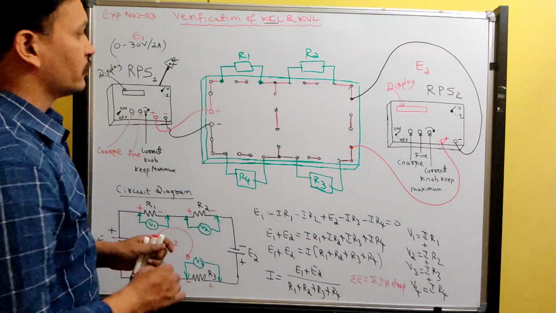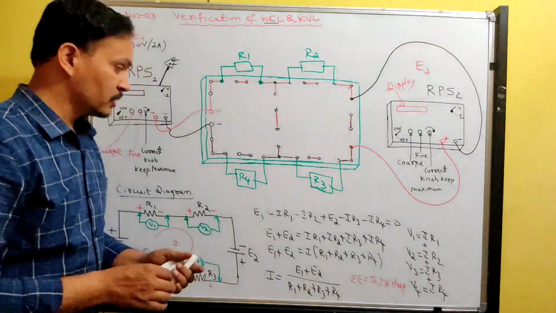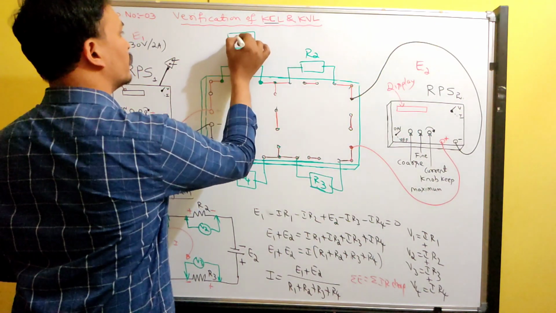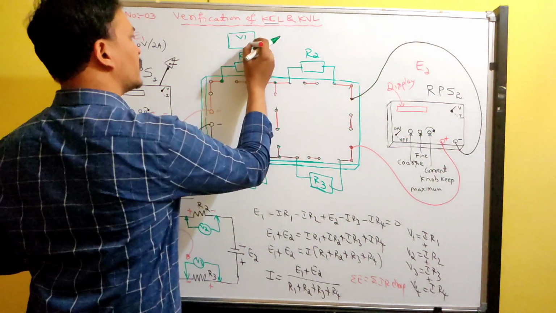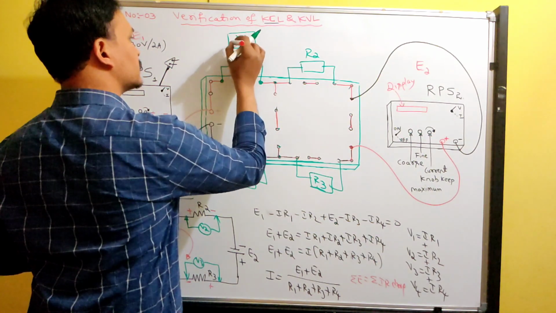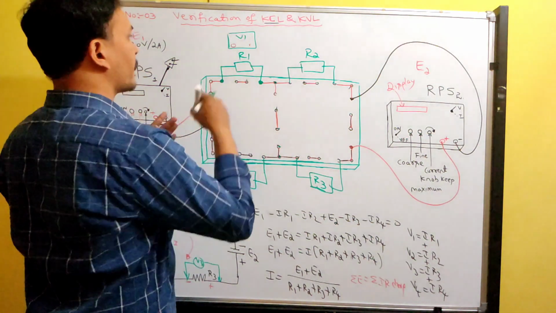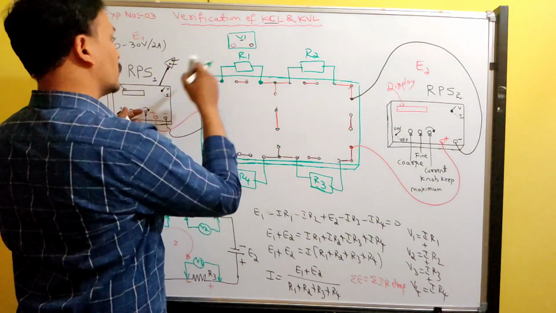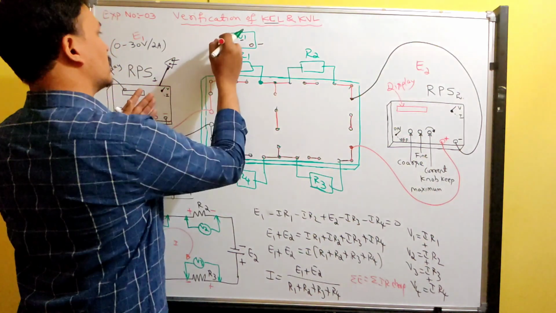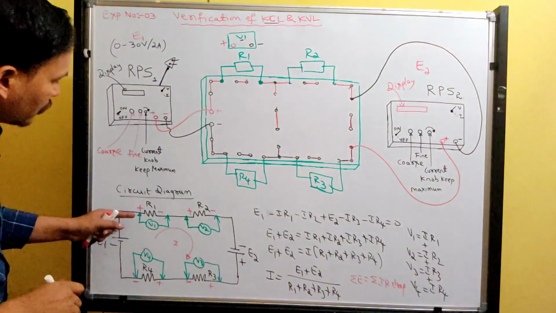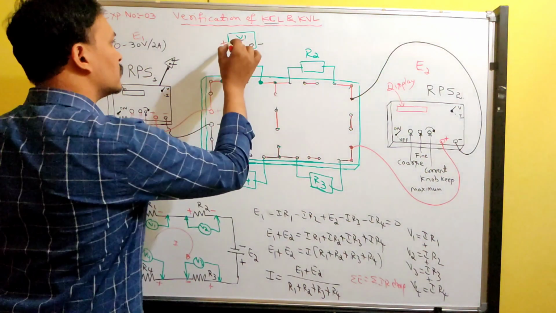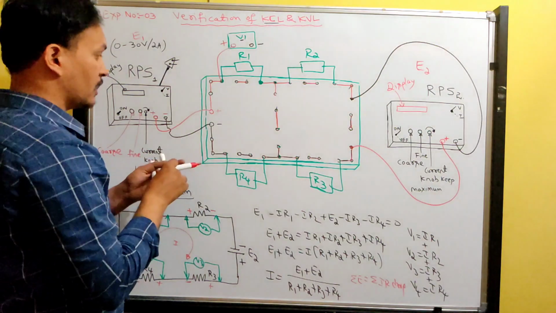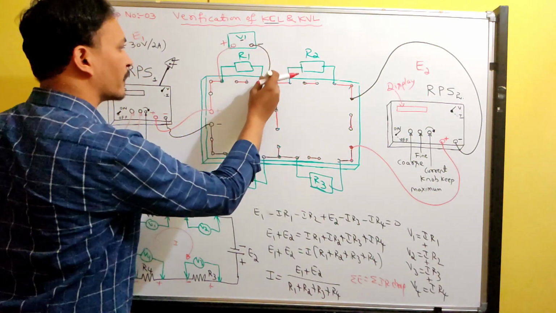What is left now? You have to connect the voltmeter. So take a voltmeter, V1. Only one voltmeter you take. Digital voltmeter, DC voltmeter. So minus is here and plus will be here. Across the resistor only, this plus pin is connected here and this minus pin should connect here.